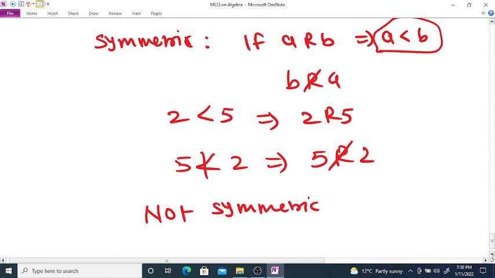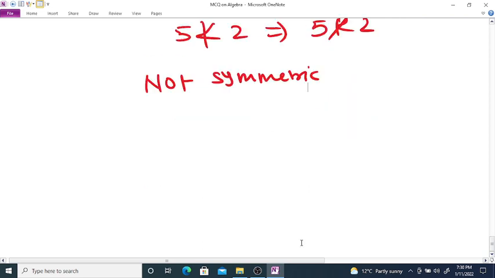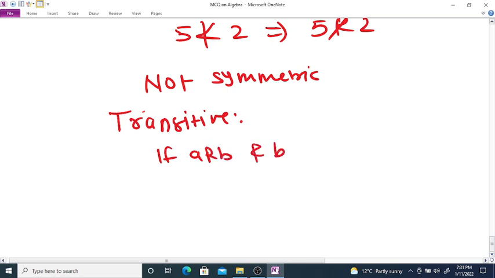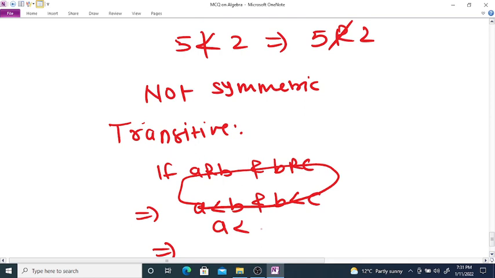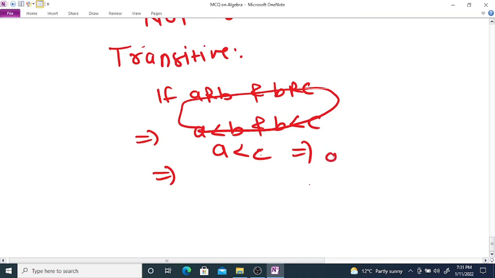Next, we are going to check whether it is a transitive relation. If a is related to b and b is related to c, then a is less than b and b is less than c. If we combine these two inequalities, we get a is also less than c, and therefore a is related to c.